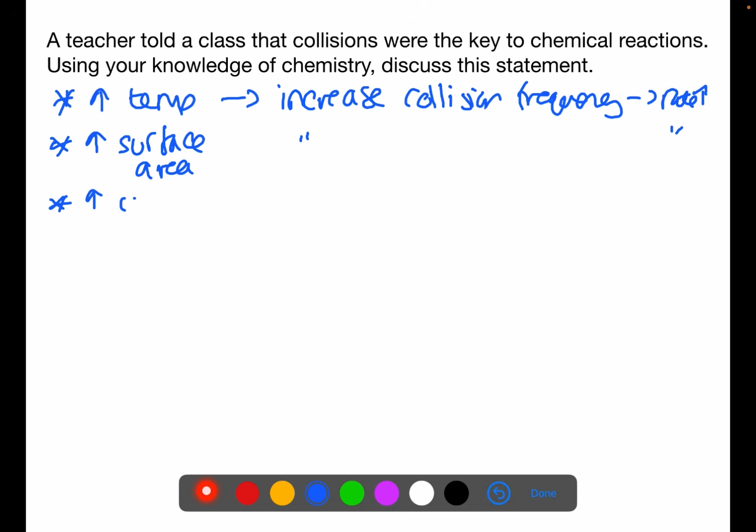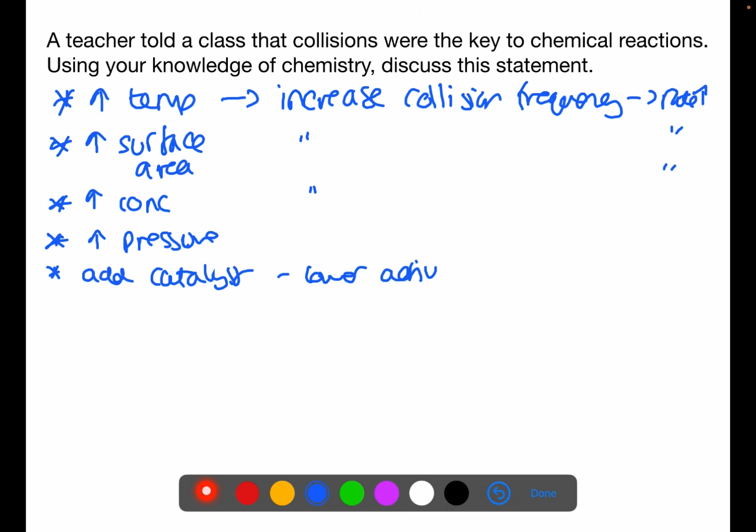If you were to increase your concentration, you're going to increase your collision frequency and the rate. Same if we do pressure for gases. And if you were to add a catalyst, this can help to lower the activation energy, leading to more successful collisions.